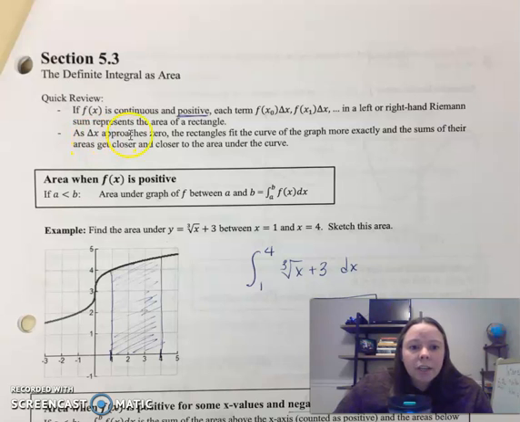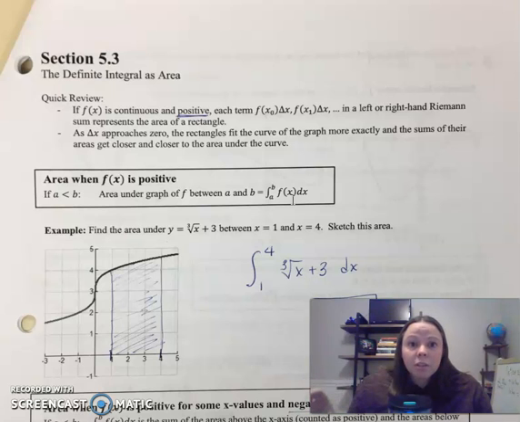Now, as that change of x approaches 0, meaning the base length of each rectangle is getting smaller and smaller, therefore creating more and more rectangles, then the rectangles fit the curve of the graph more exactly, and the sums of their areas get closer and closer to the true area under the curve. So that's where this formula came from, basically we put that limit notation in front.